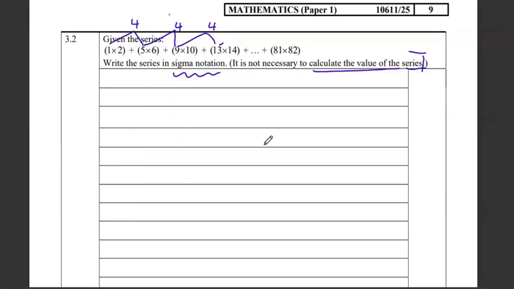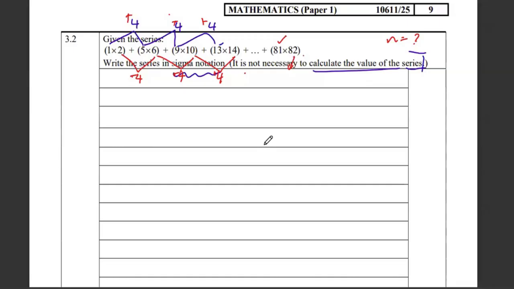Then look at the second numbers, 2 and 6, 6 and 10, 10 and 14, which means it's also a plus 4, a plus 4, a plus 4. So if the numbers are forming an arithmetic sequence, we need to start by finding out how many terms there are for us to get to 81 and 82. We can use just one scenario.